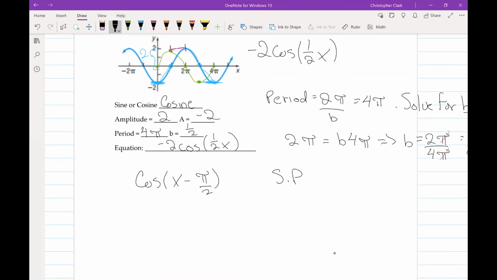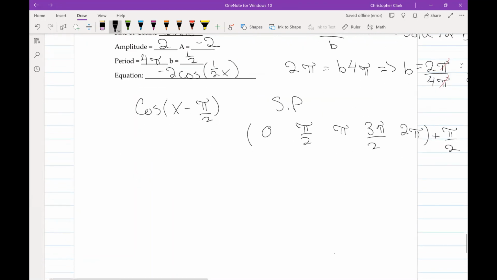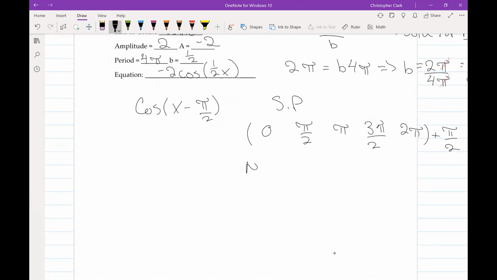So I'm going to take these special points, which are 0, pi over 2, pi, 3 pi over 2, and then 2 pi. And I'm actually going to add pi over 2 to all of them. So my new special points, in the same way that whenever I had multiplied by b in the argument, I divided the period by b.